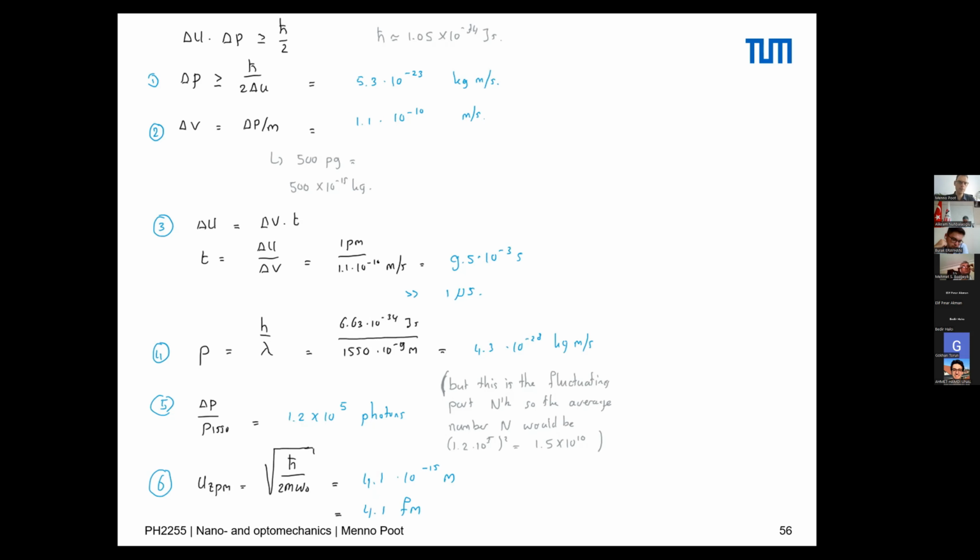So pretty small, and actually a lot smaller than the uncertainty that we had here of 1 picometer. And it turns out, if you would do the math but now take this zero-point motion as the uncertainty, then you'll find the time for this to hold will be, roughly speaking, equal to the period of the oscillations.